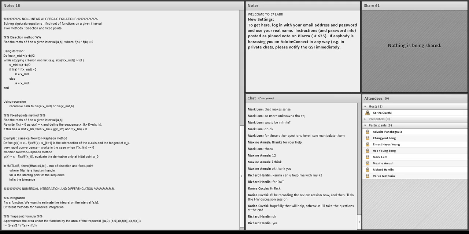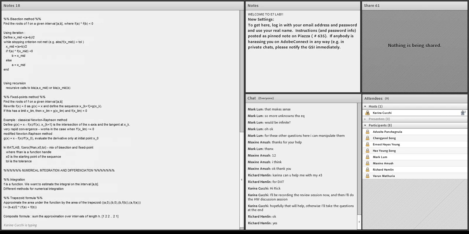So this is when you approximate the integral on the interval ab just having h equals to b minus a.